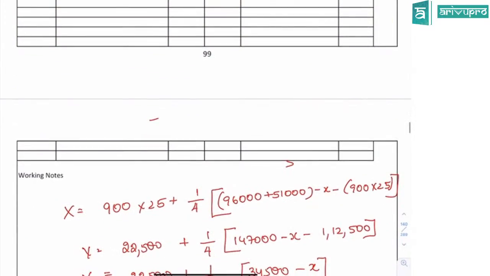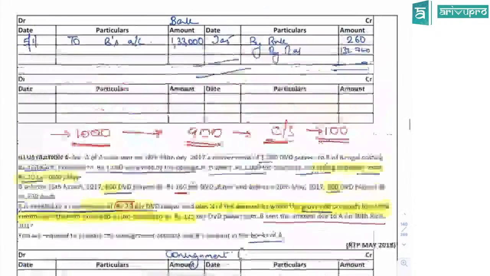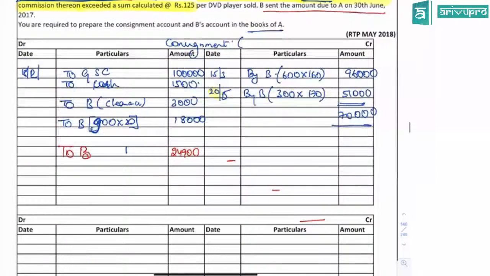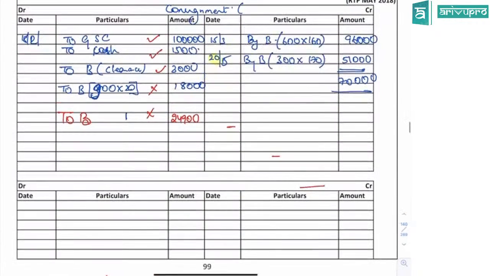Now, for closing stock, which are the expenses I should be taking? 1, 2, 3. Selling and commission won't be considered. Yes or no? I gave you the definition.